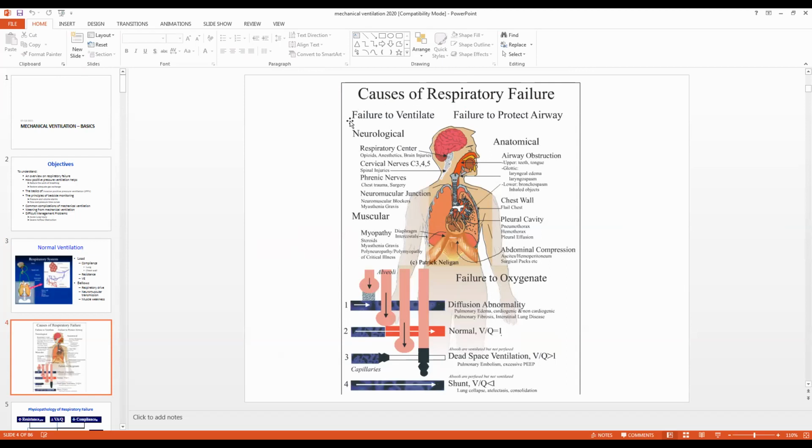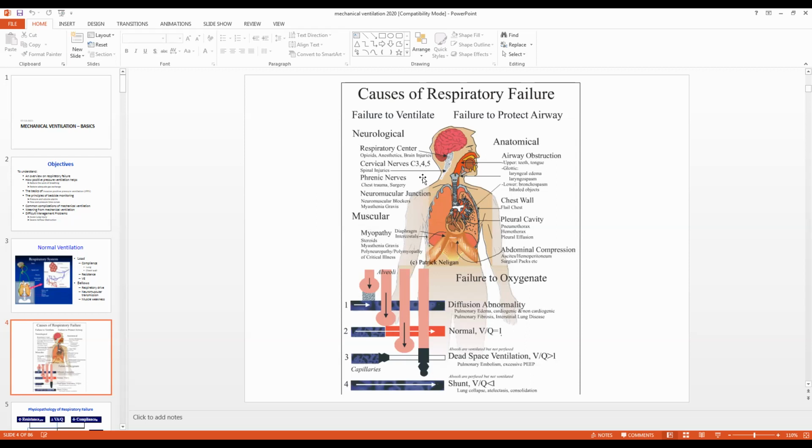If you talk about failure to ventilate, you're predominantly talking about neurological abnormalities, starting from the respiratory center, phrenic nerve, neuromuscular junction, muscles, including the diaphragm, which is the largest muscle of breathing.